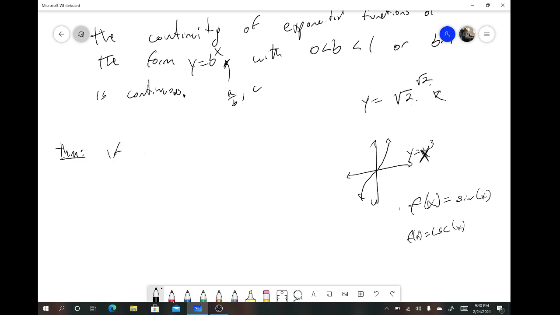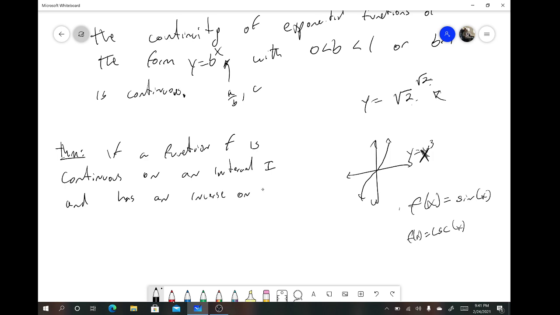If a function f is continuous on an interval I and has an inverse on I, then its inverse, denoted by f inverse, is also continuous.